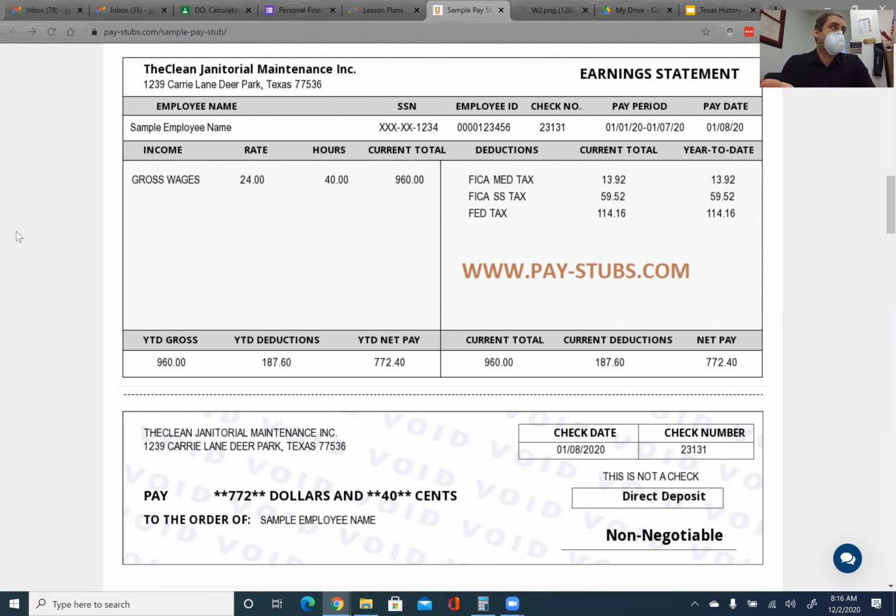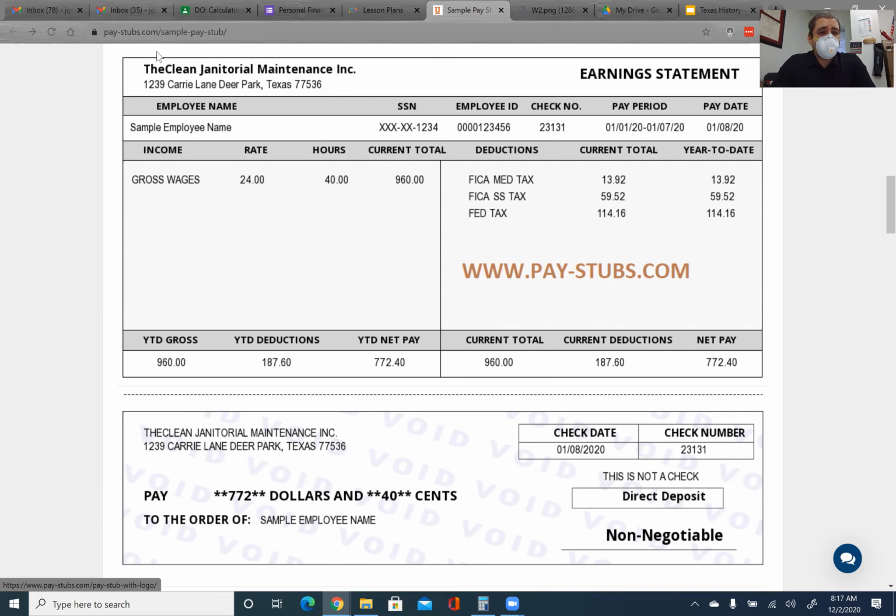I get this digitally, and really don't pay attention to it much. As long as the amount that's showing up in my checking account twice a month is the same or greater than what I'm used to, I really don't pay attention to it. But it's still good to know what everything on here means.